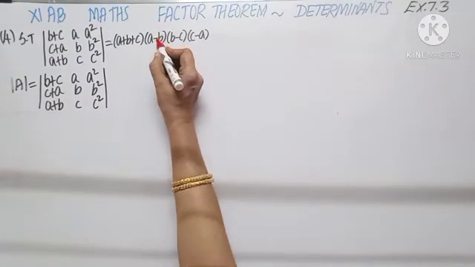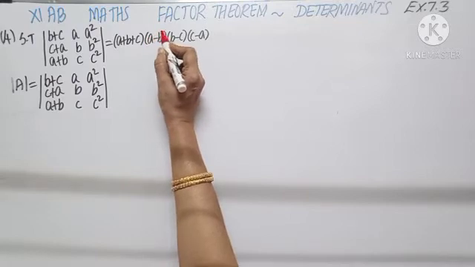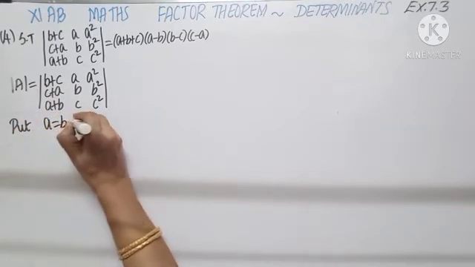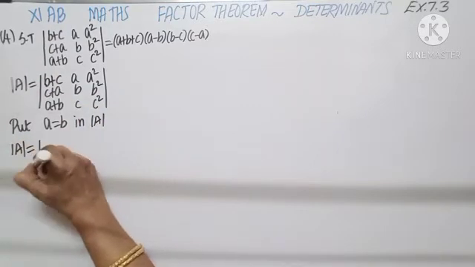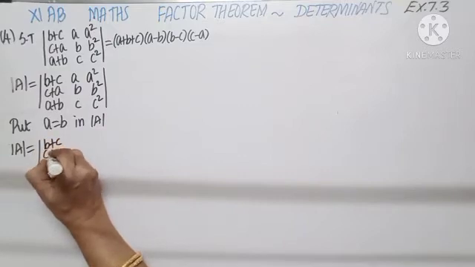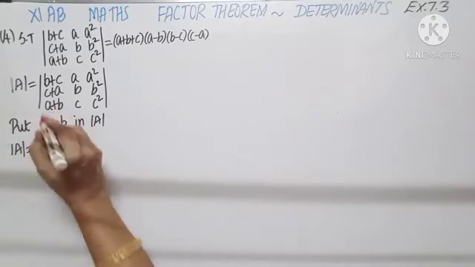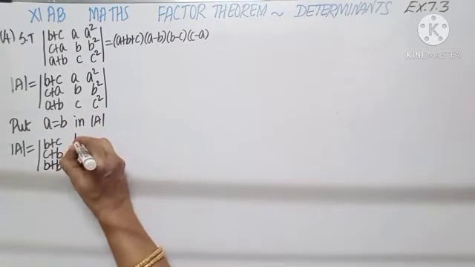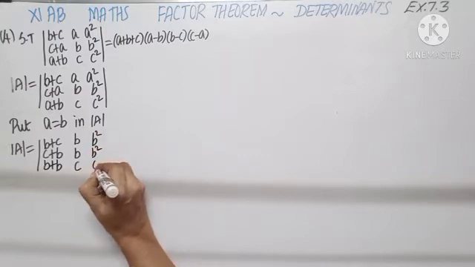Now, to show this factor A minus B, put A minus B equals 0, I get A equals B. So, wherever A comes, we will put B in the determinant. As I substitute, the determinant becomes B plus C, C plus B, B plus B. The second column is B, B, C. The third column is B square, B square, C square.